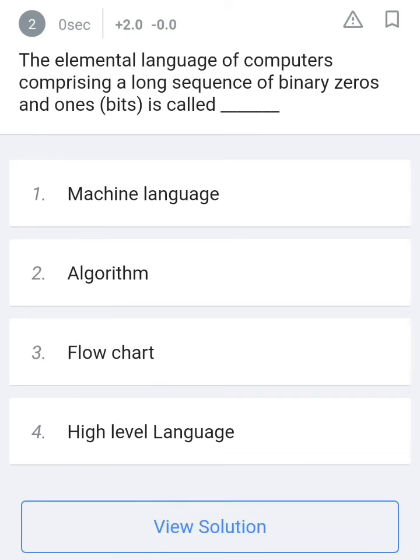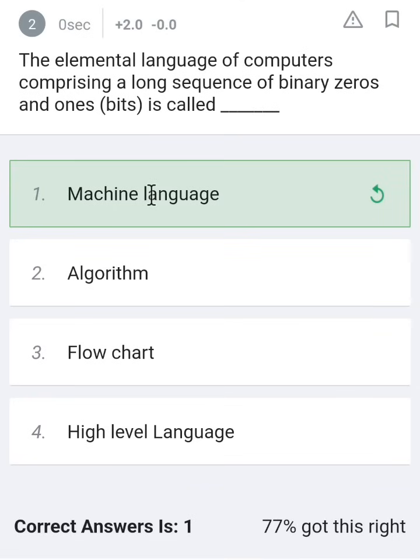Next question. The elemental programming language of computers comprising a long sequence of binary zeros and ones is called what? A long sequence of zeros and ones is machine language, because the machine does not understand A, B, C, D; it only recognizes 0 and 1. 0 means off and 1 means on.